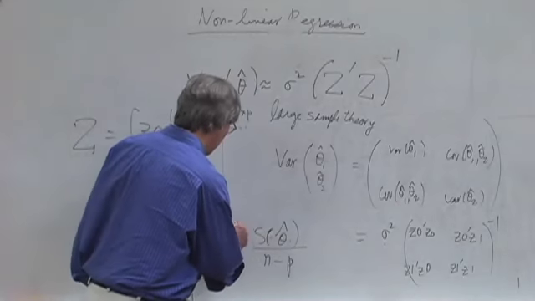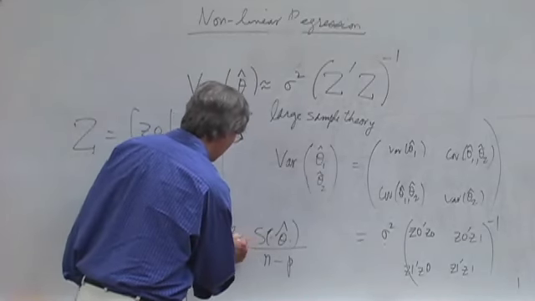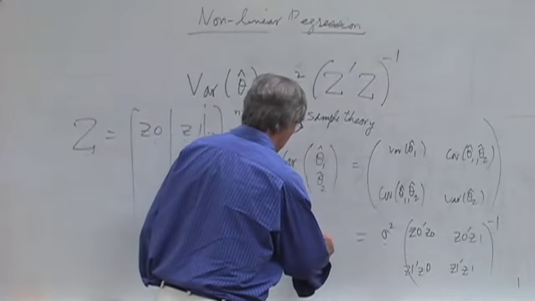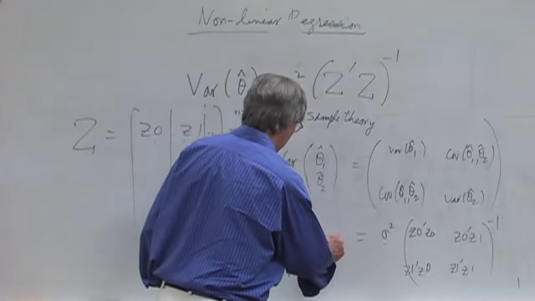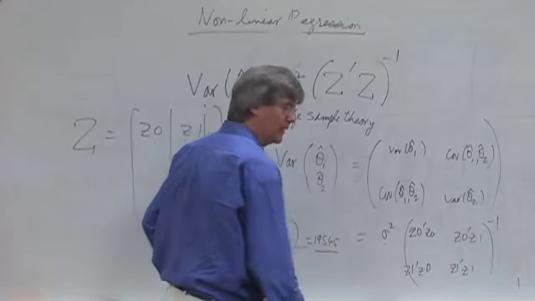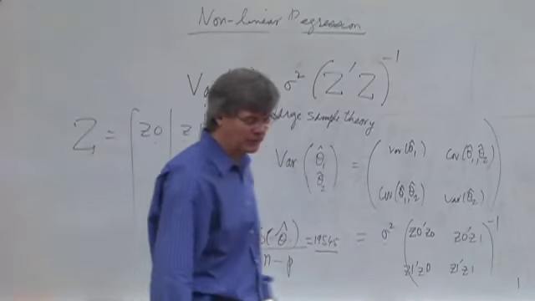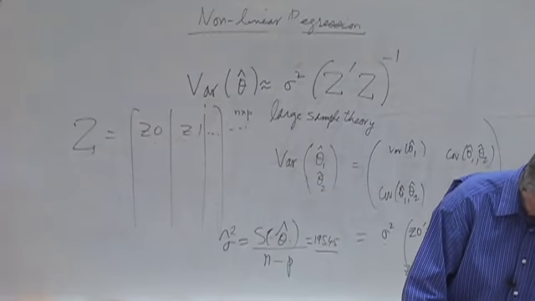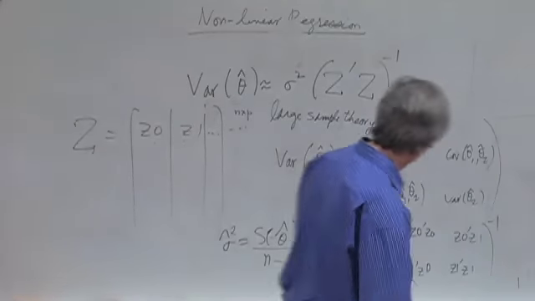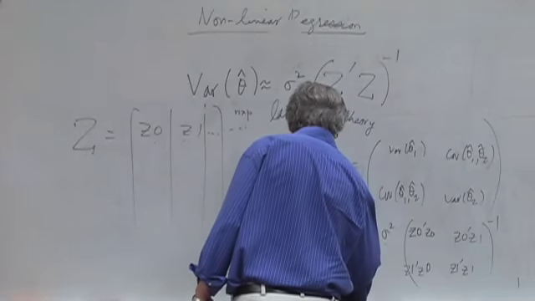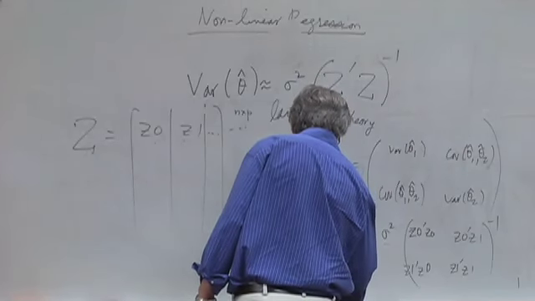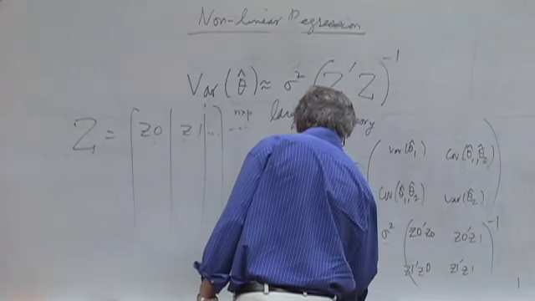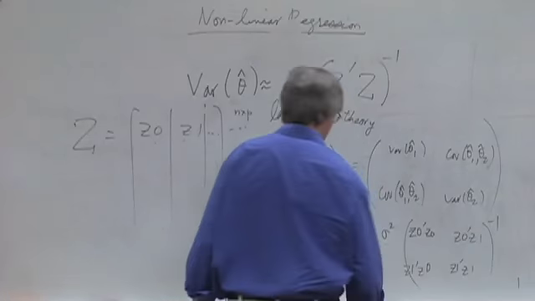That came out to be 195.45 or whatever, divided by n minus p. How big was n in the pure Michaelis data? I can't remember. N was 12, p was 2. So this is 12 minus 2, and you get 19.545 for sigma squared.